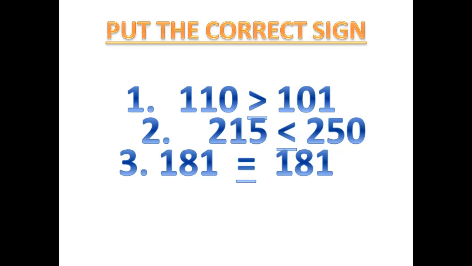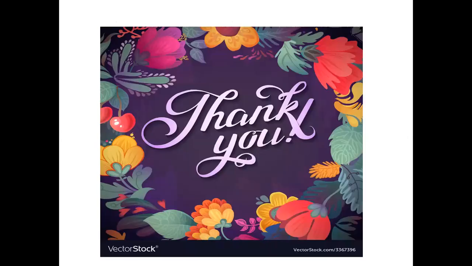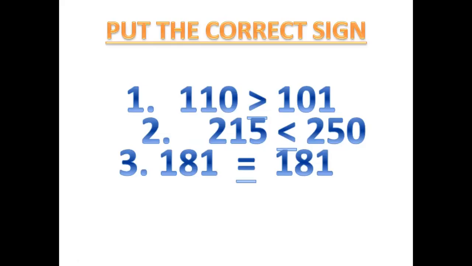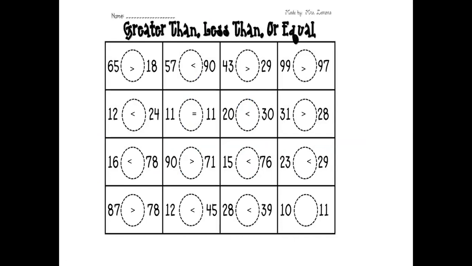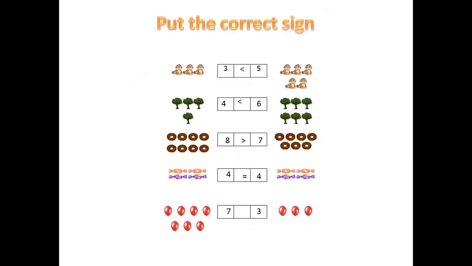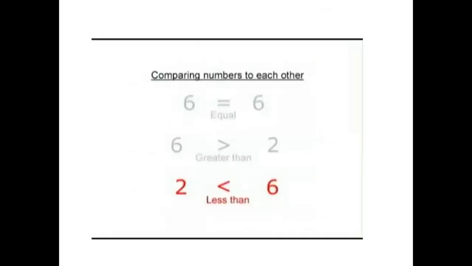When you know the counting, then this will be easy for you to understand. So this is all about your chapter. We did today put the correct sign. How you're going to put the correct sign, right? So you must try to do what we have done in the class today.